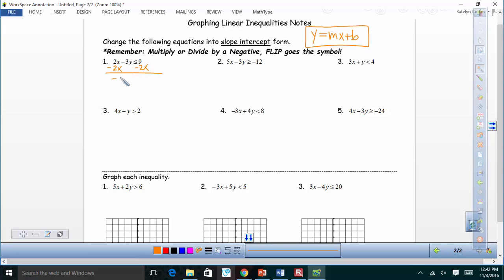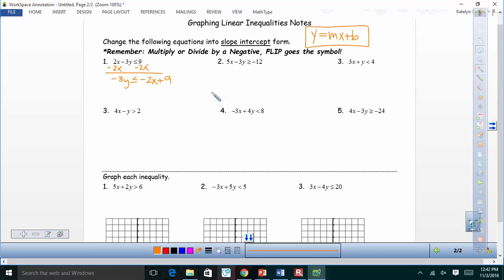That's going to give me negative 3y is less than or equal to. And now, do I want my negative 2x or my 9 to come first? No, 9. Why 9? Negative 2. We want negative 2 to come first because it has the x. So we put negative 2x plus 9.